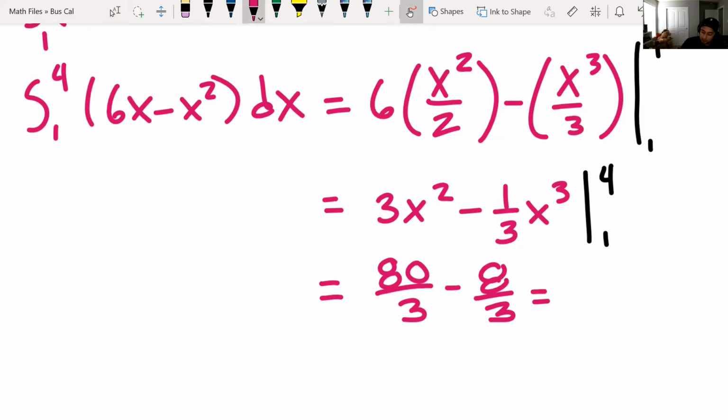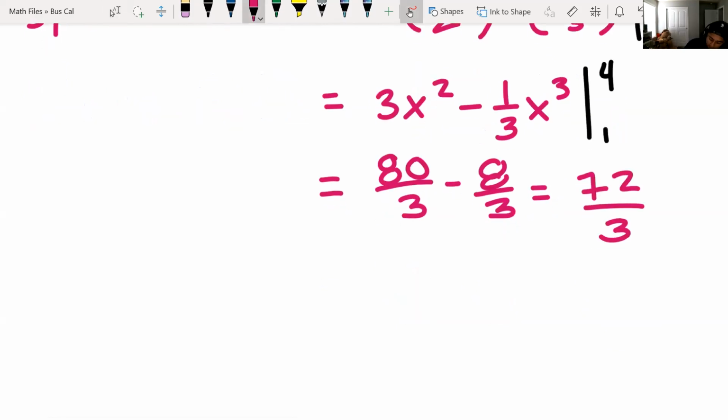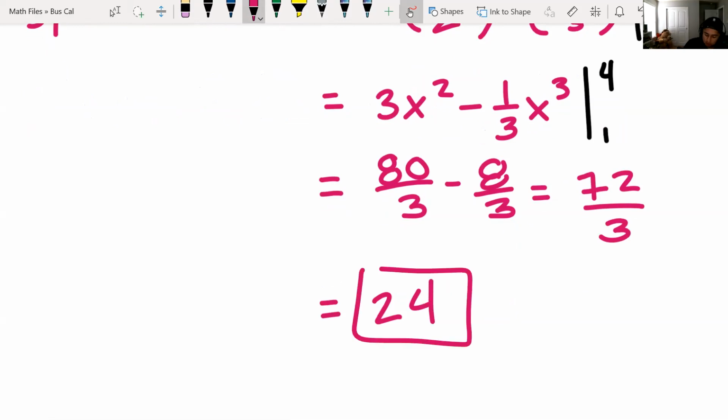Which would give me 72/3, which is 24. 24. And for my math lab, it says that your area is 24 square units.